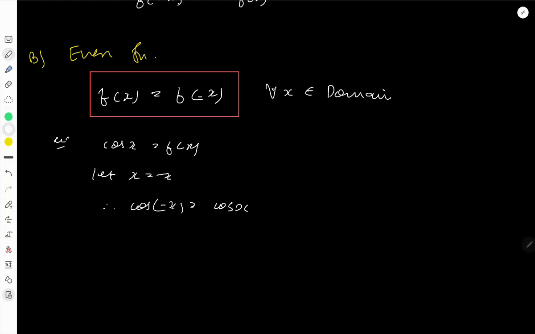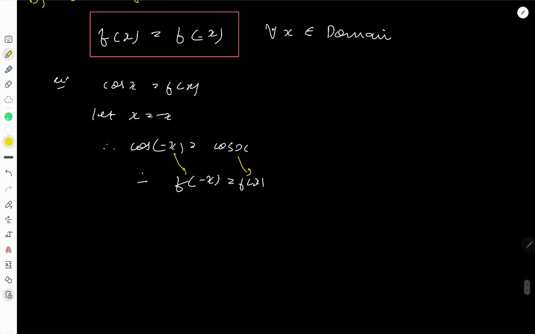Therefore, we can say that f of minus x equals f of x. So the cosine function is an even function.